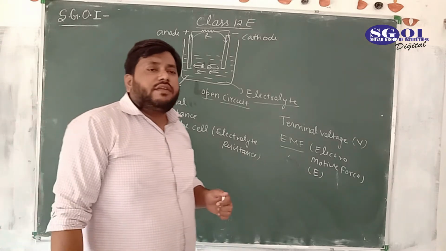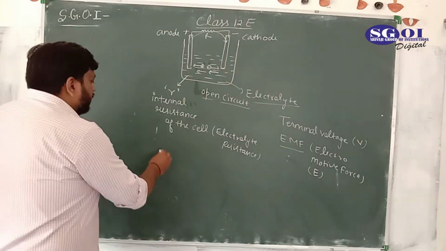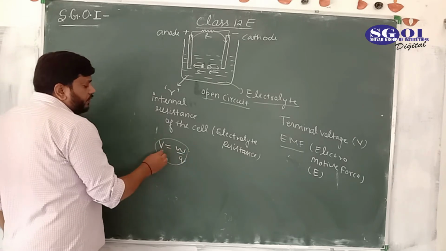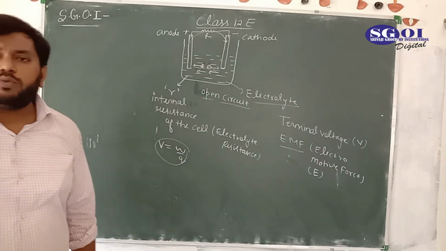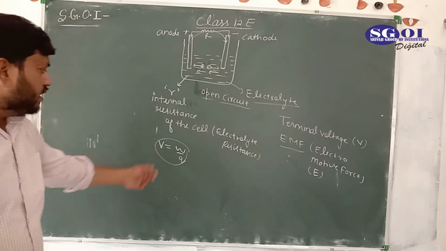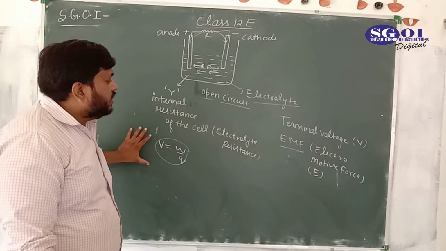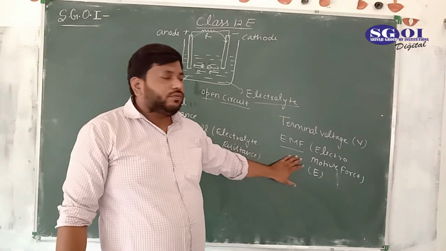As you know, we have defined potential V equal to W by Q. This is the basic definition of potential, and in the same way we would define the electromotive force.